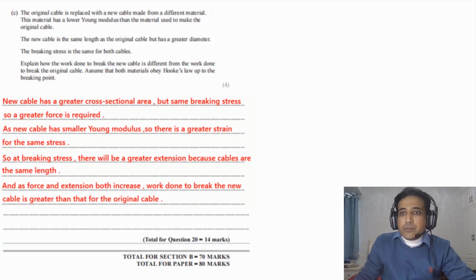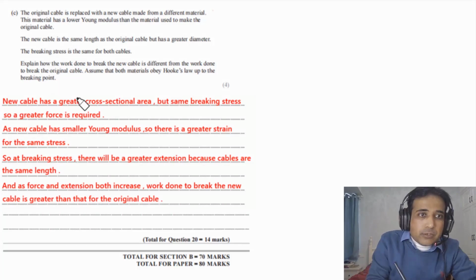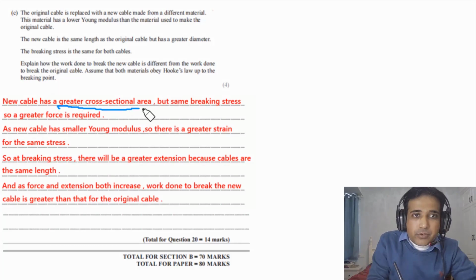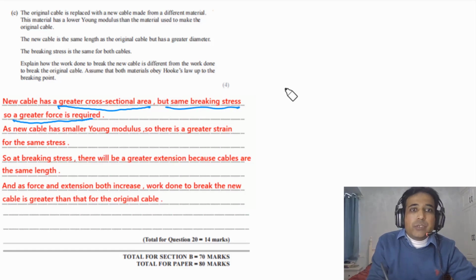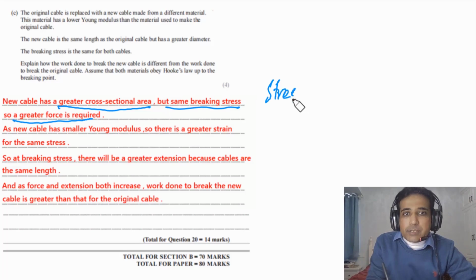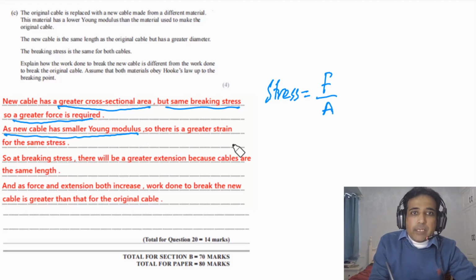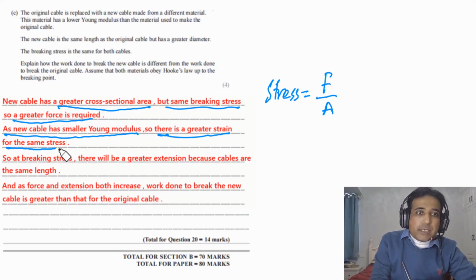In your final answer, we have to mention these points. We can say the new cable has a greater cross-sectional area but the same breaking stress, so greater force, because we have already discussed that stress is equal to F over A. The new cable has a smaller value of Young's modulus, so there is greater strain for the same stress.